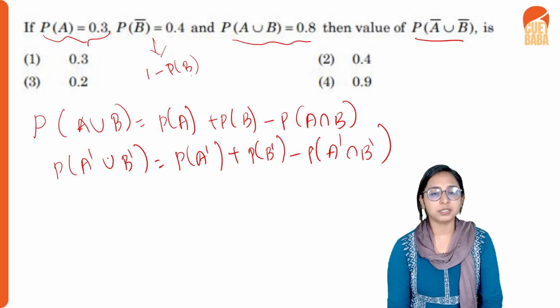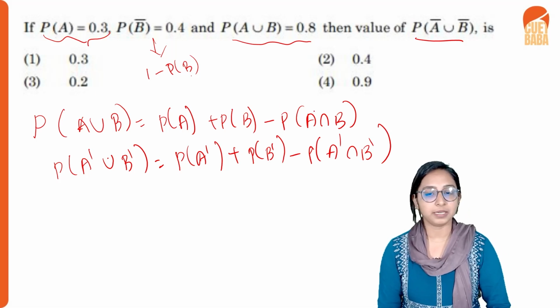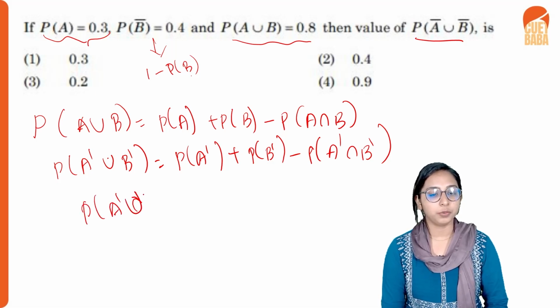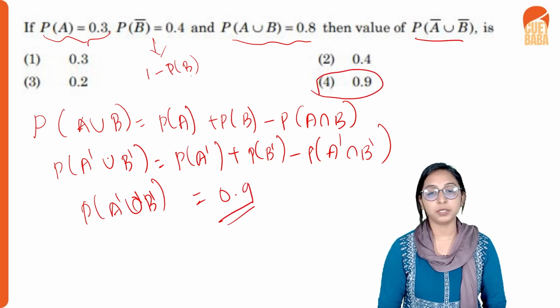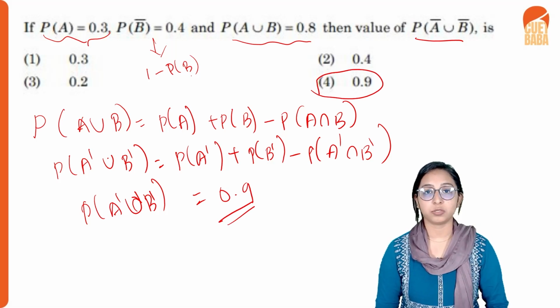So using all these given values and some changes we make in this, we get P of A complement union B complement is equal to 0.9. So the answer is 0.9, the probability of A complement union B complement. A complement means A is not occurring there and B complement means B is not occurring there.